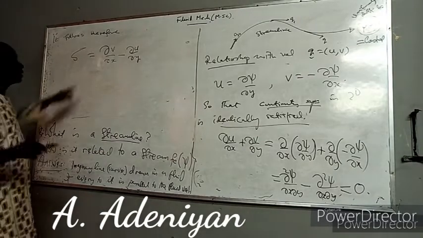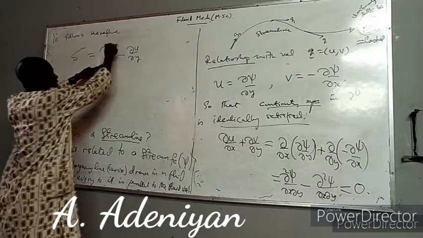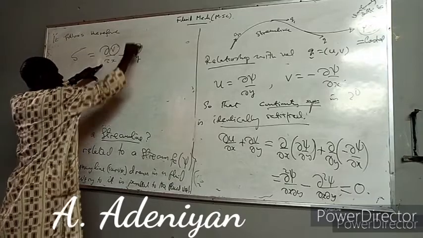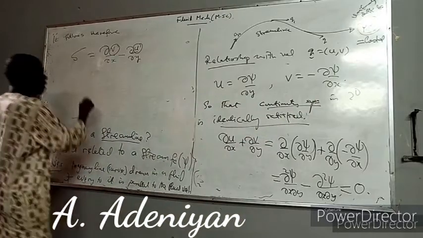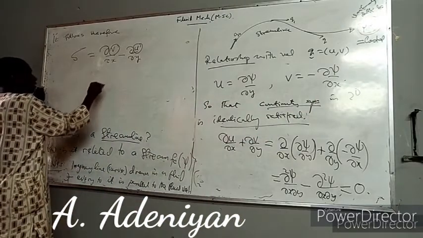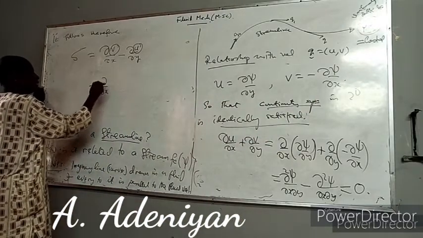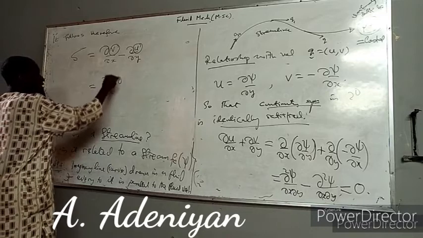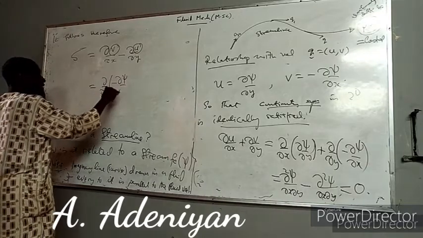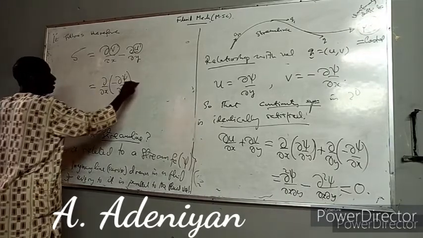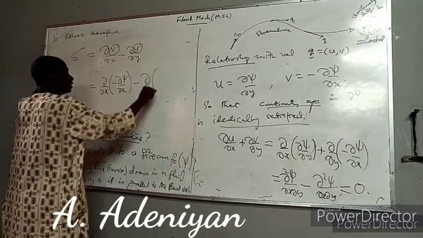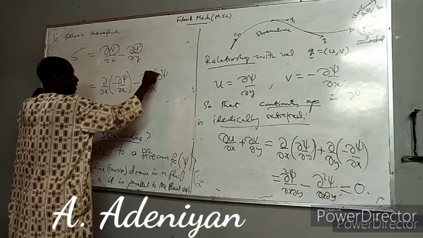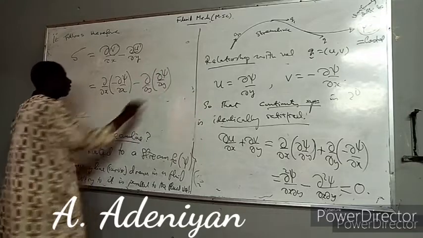So from this you can see, if you substitute for your v, what is v, what is u? Our v is minus ∂ψ/∂x, okay. u is what? u is ∂ψ/∂y, okay.